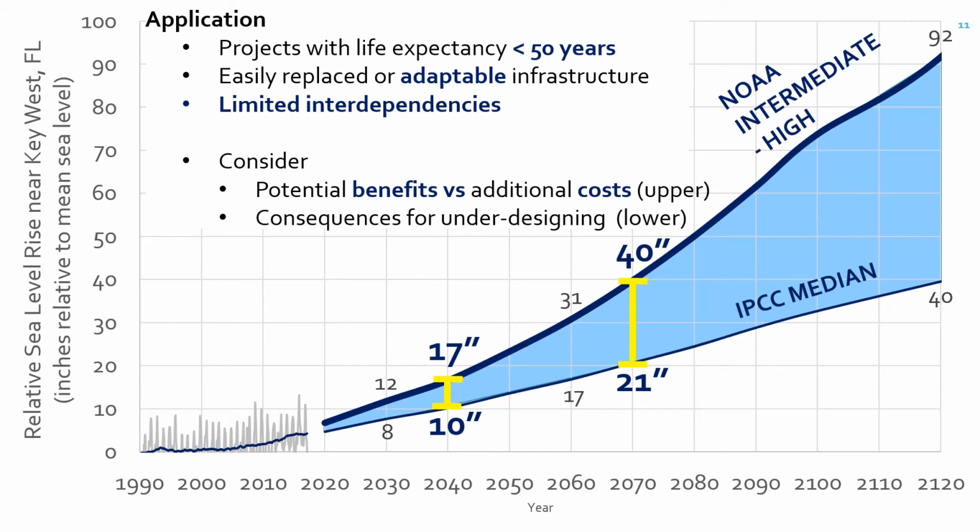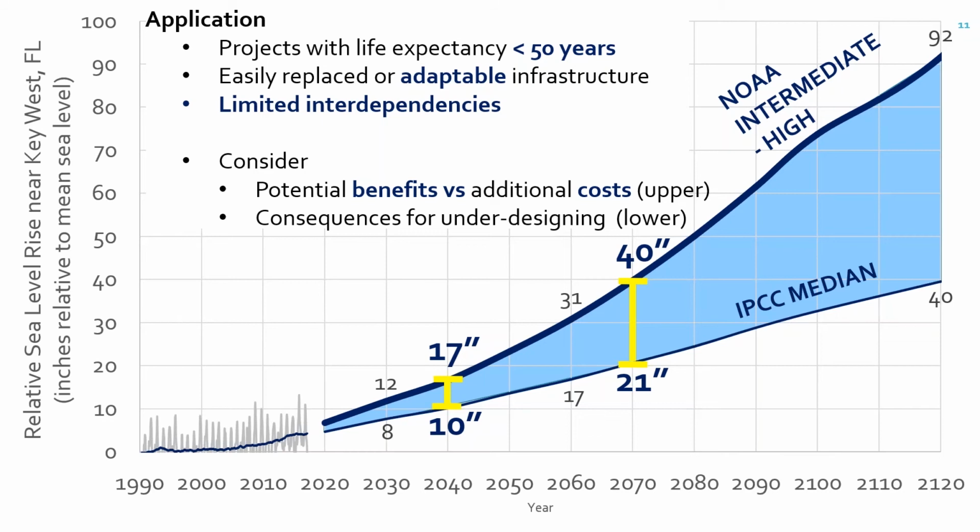And if it fails, all of those connected sectors and pieces of infrastructure would be at risk of failure as well. So if something is going to be only around for less than 50 years, it's easy to replace, and if it fails, it really only affects a small portion of the community, then you should be using this blue zone.